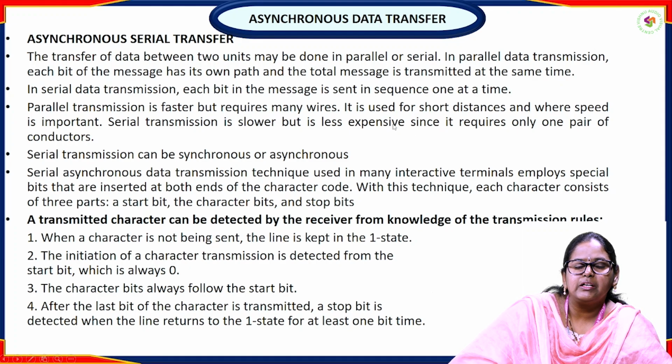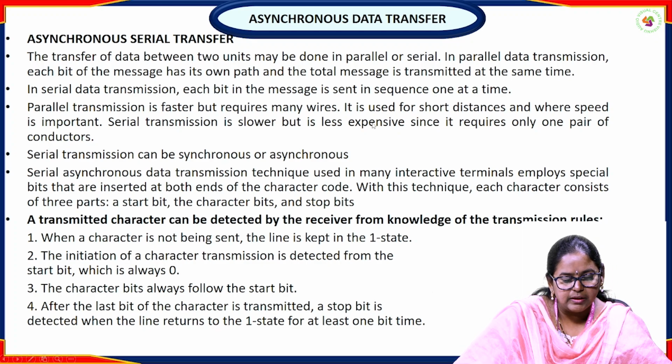Usually that start bit will be the 0 bit, and at the end of the data it will add stop bits. Usually the stop bit will be 1, and depending upon the organization it may have 1 stop bit or 2 stop bits depending upon the requirement.